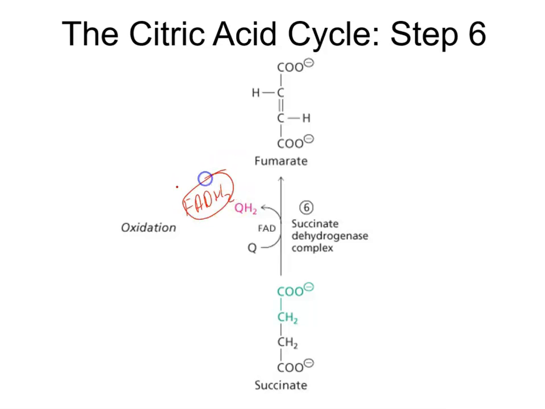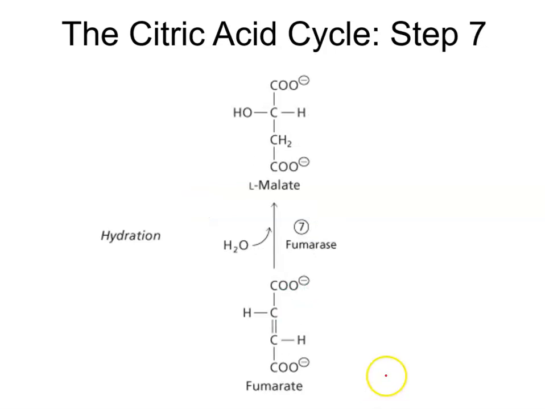So anytime we're making reduced coenzymes, we know that there is something happening here, we don't really lose any oxygens, or add anything to this, so it's just considered an oxidoreductase. Here we have now a lyase where we're actually adding water to this double bond.